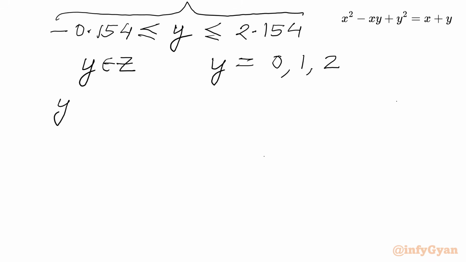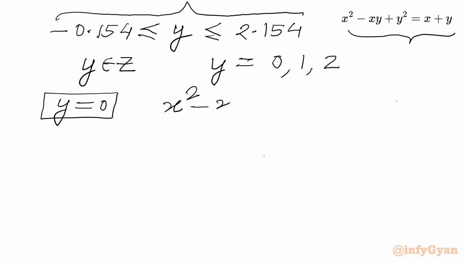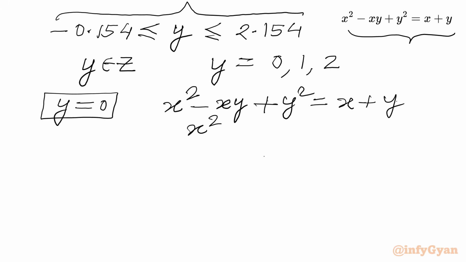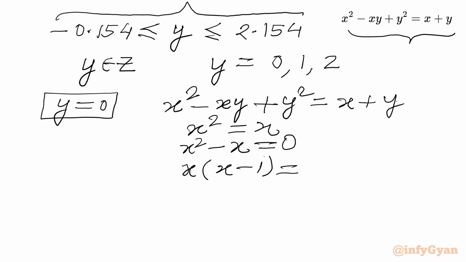Now we will consider our first case, y equal to 0. The equation is here, we'll find x. So let me write x square minus xy plus y square equal to x plus y. Put y equal to 0. We will get x square is equal to x, or x square minus x equal to 0. x is common, so we will get x minus 1 in the bracket equal to 0.